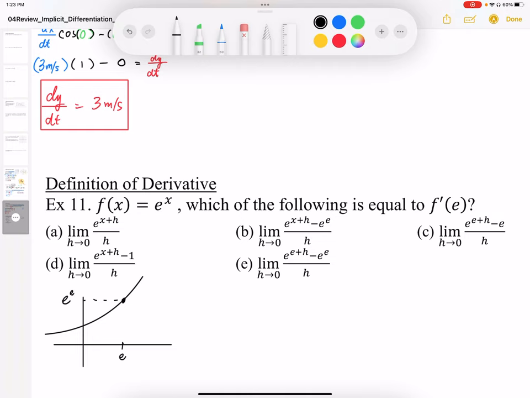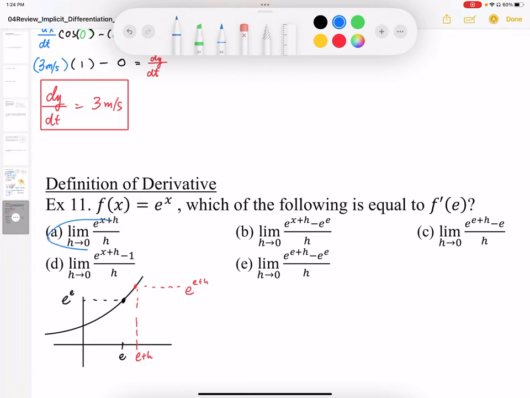And to make this a definition of derivative, we need a point just a little bit further away. And that's going to be some point e plus h to give us our run and rise. And this coordinate here must be e to the e plus h. So of these expressions, we can see that A is probably not a good option.